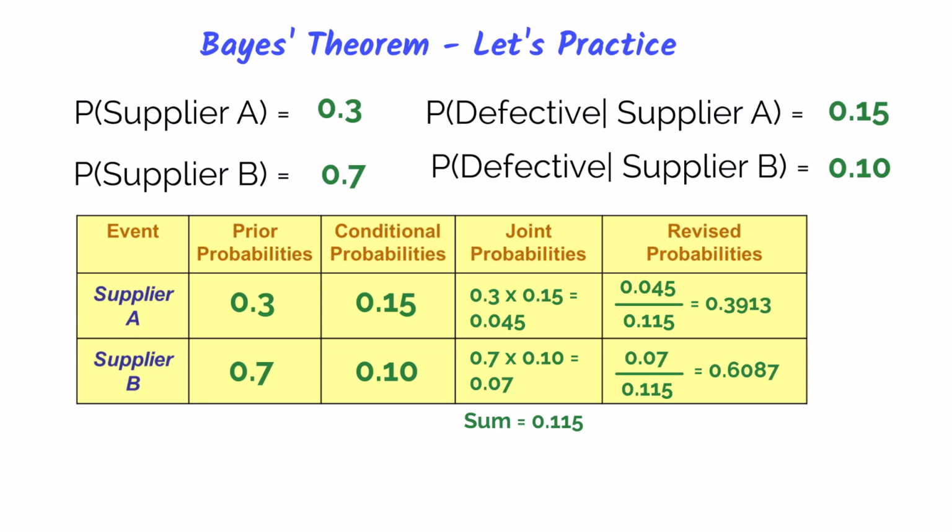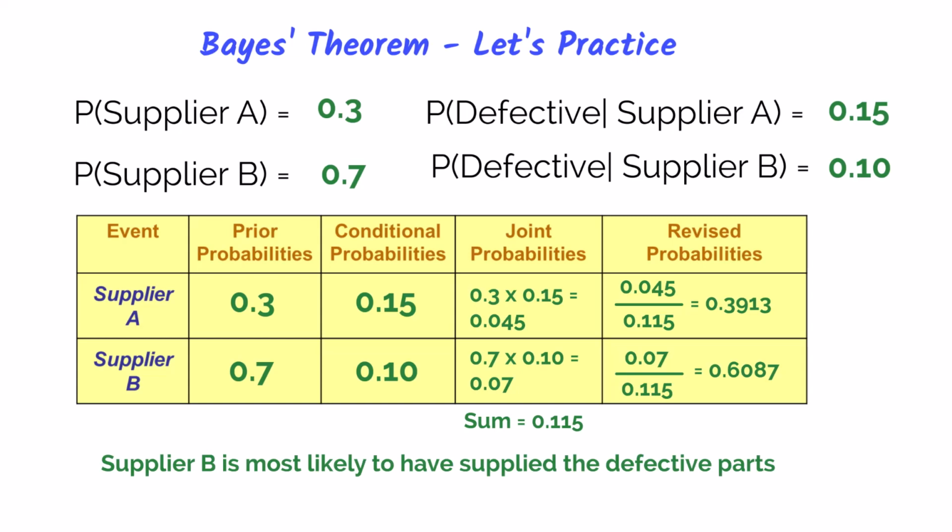So now the manager wants to know which supplier is more likely to provide a defective product. We'll just compare our revised probabilities. So we can see that supplier B is more likely to have supplied the defective parts because 0.6087 is greater than 0.3913.